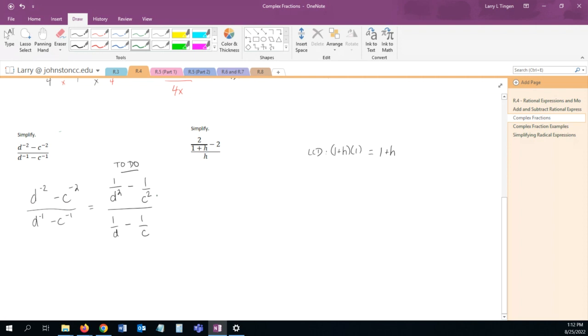Now, to deal with this, there are 2 ways to tackle it. We can either multiply the top by the common denominator on the top and bottom, and then find the common denominator down here and do the same thing, or I could find the common denominator for all 4, and this is something we didn't do last time.